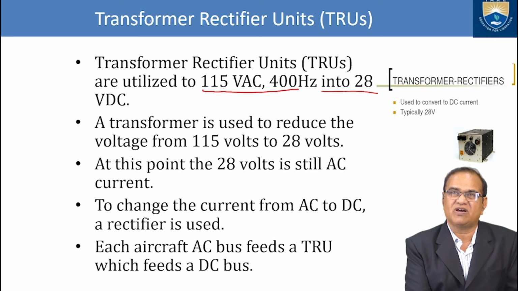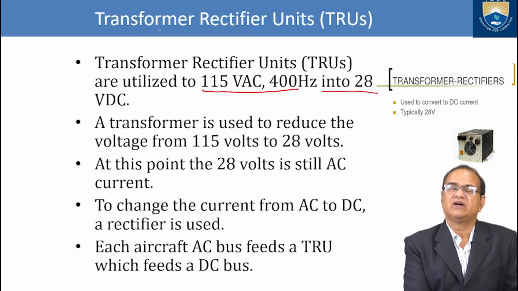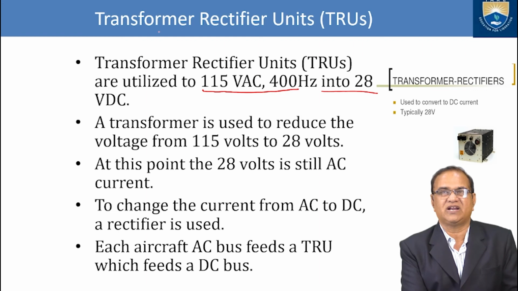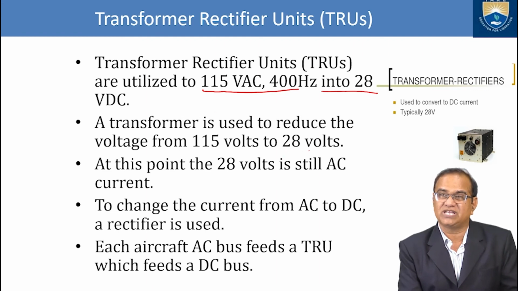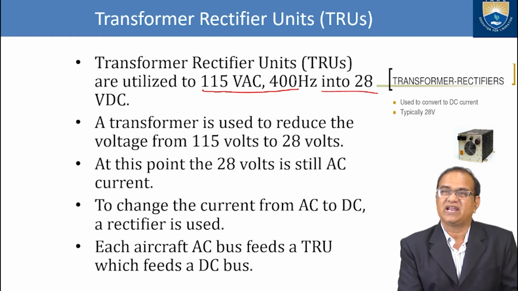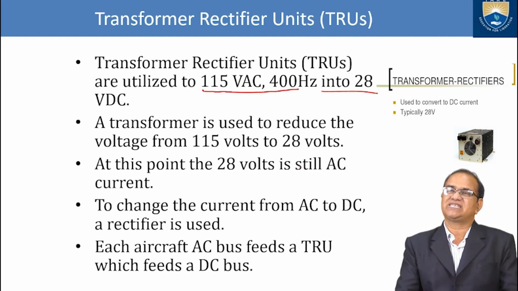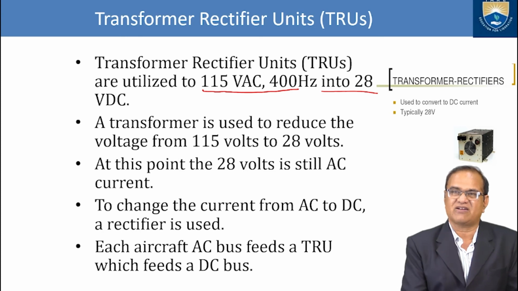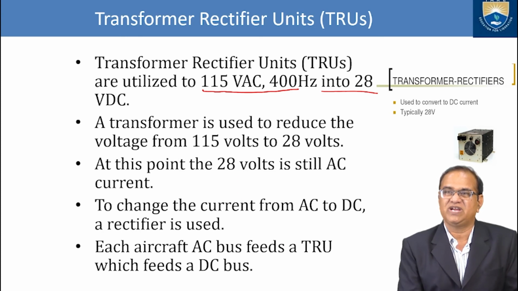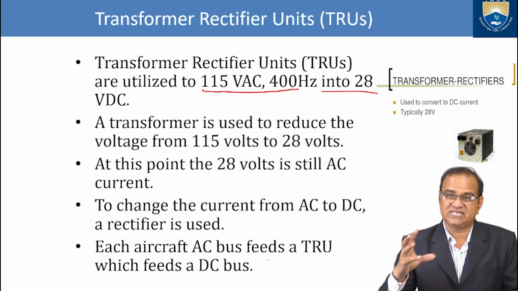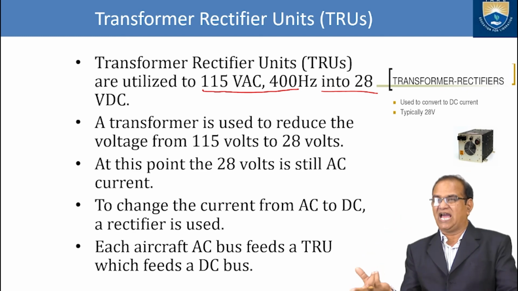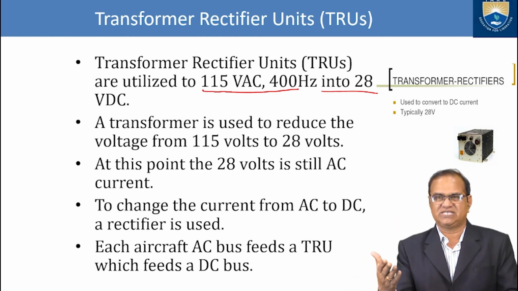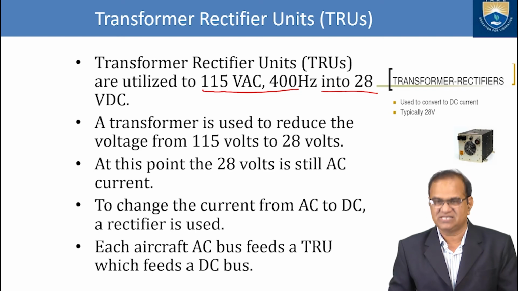The purpose of the transformer is to reduce the voltage from 115 volt to 28 volt. And the next unit, after getting 28 volt, is the rectifier. The rectifier will make this AC into DC. Each aircraft AC bus feeds a TRU which feeds a DC bus. So every AC bus will be fed to the TRU, and the TRU will convert it into DC, and this will be fed to the DC bus bar.